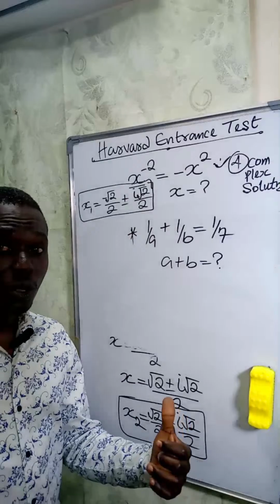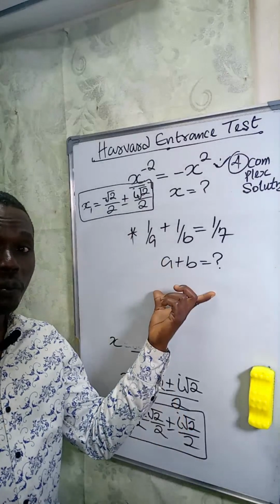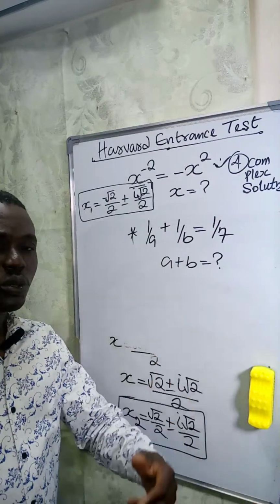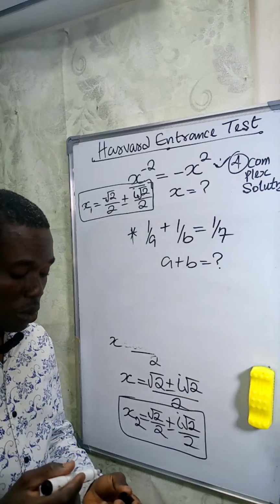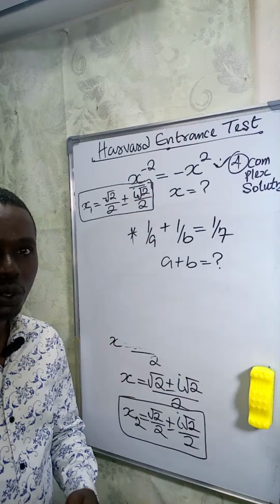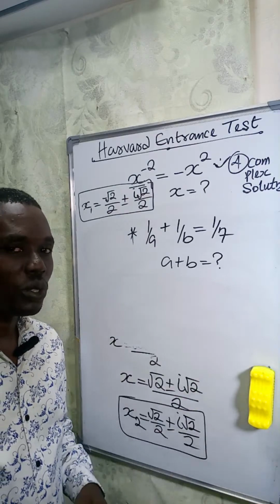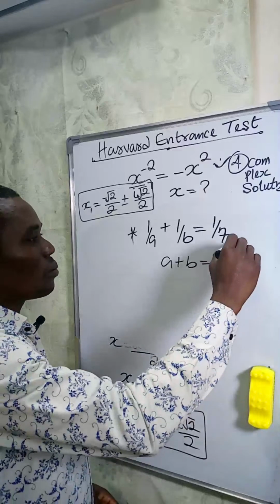Remember, this is an Olympiad maths question. I want you to try it out, and don't forget to join us on our live class tomorrow, same time, as we'll be looking at the solution to this question.